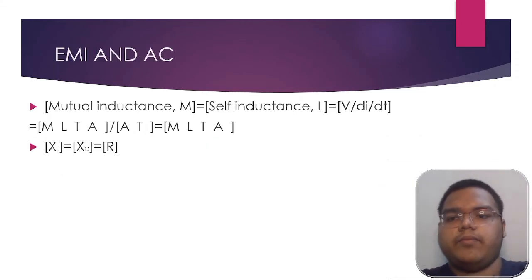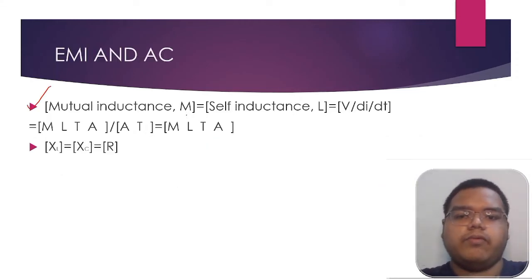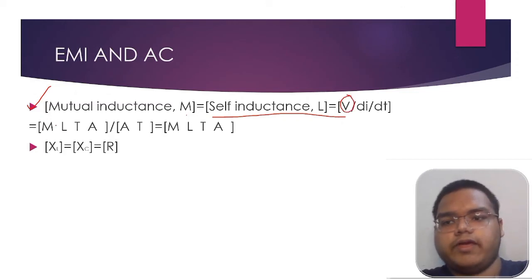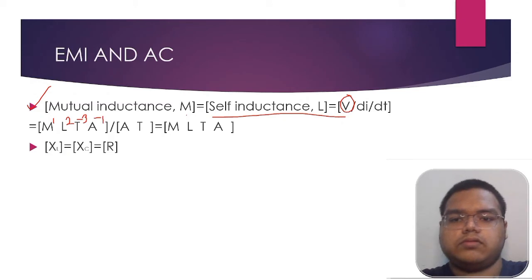Next is mutual inductance M, which has the same dimension as self inductance L, which has the same dimension as V divided by di by dt. Here V is the electric potential, which will be equal to M to the power 1 L square T to the power minus 3 A to the power minus 1, and di by dt will be A to the power 1 T to the power minus 1.